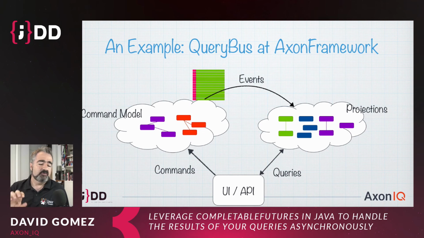And very briefly, I will introduce Axon Framework so you know what we are doing. Axon Framework basically is an open source framework that allows you to write applications following CQRS. That means splitting queries and commands in different modules, and also using DDD to model your different areas, the command model and the query model.